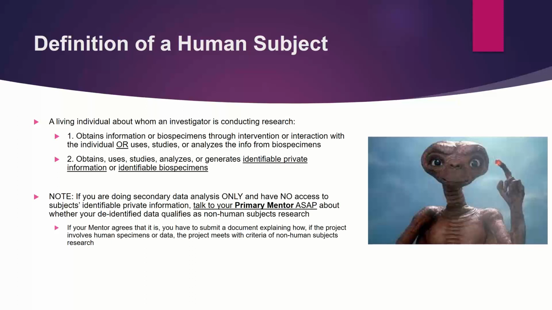So this extra document is not included in my table of all the documents you need for your K. So this is a separate document. So you want to work with your primary mentor and potential IRB review board grants person to write this.